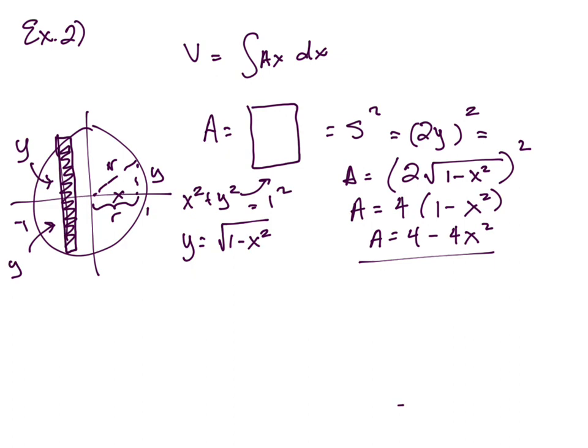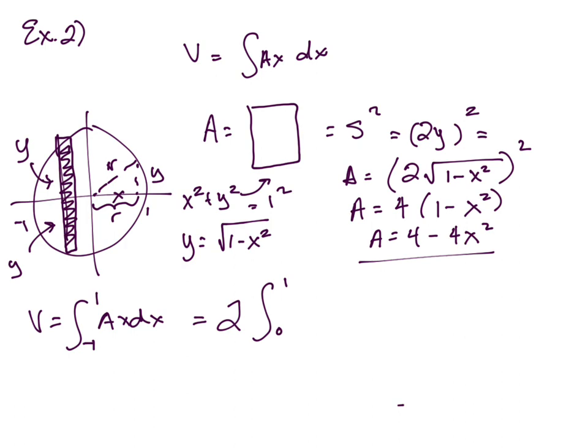We don't have any idea that this thing is symmetric. We do know that its base is a circle. Okay? So I think we could probably use symmetry here. I would set up the integral from negative 1 to 1 of area dx. And I think you could go 2 times from 0 to 1, because its base is a circle.